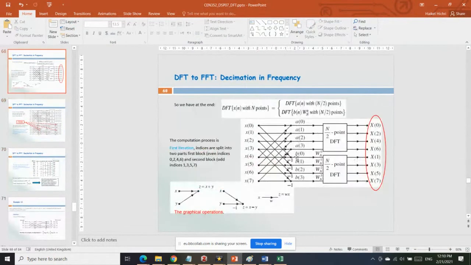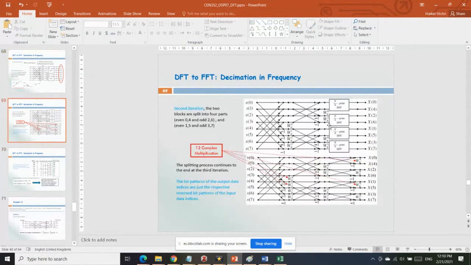Look at the power here: 0 1 2 3, then it becomes 0 2, even, 0 2, then just 0. So for us it is going to be 0 1 0 1.